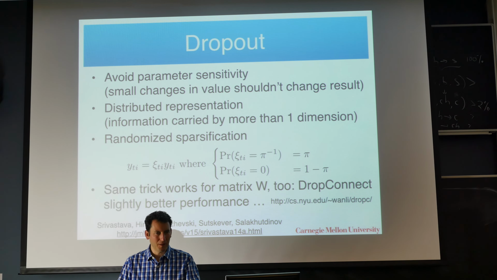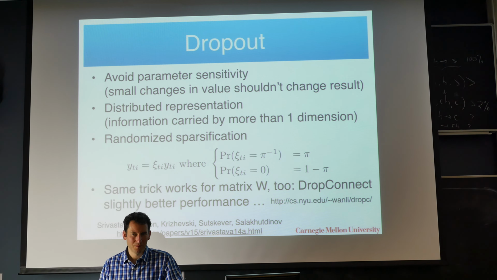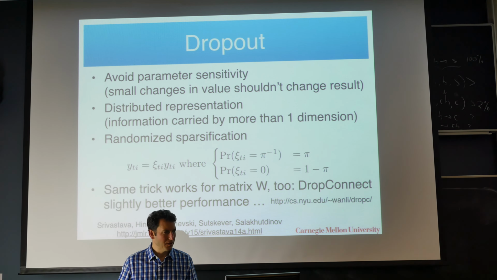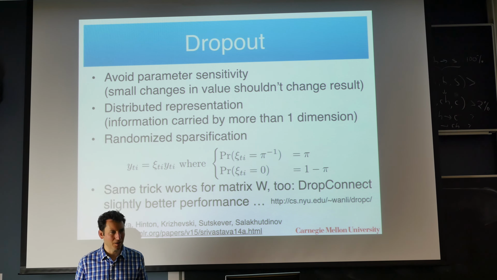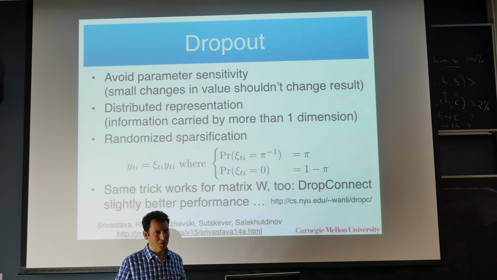The second one would be to sparsify the vectors. In other words, with some probability pi, you keep the coefficient, and usually pi being 1/2 is a pretty good idea. When you keep the coefficient, you multiply it by 2. And when you don't keep the coefficient, you just transmit the 0. So this is essentially a randomized procedure, which in expectation will keep the parameters the same, but which just adds noise in order to prevent over-adaptation.